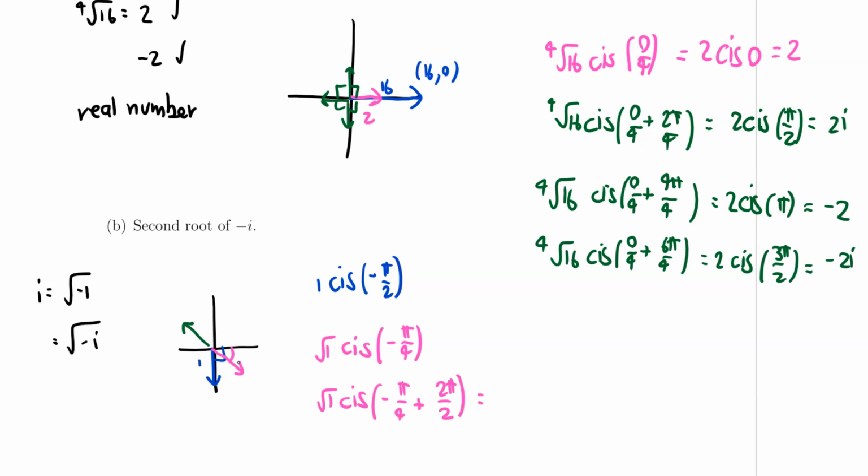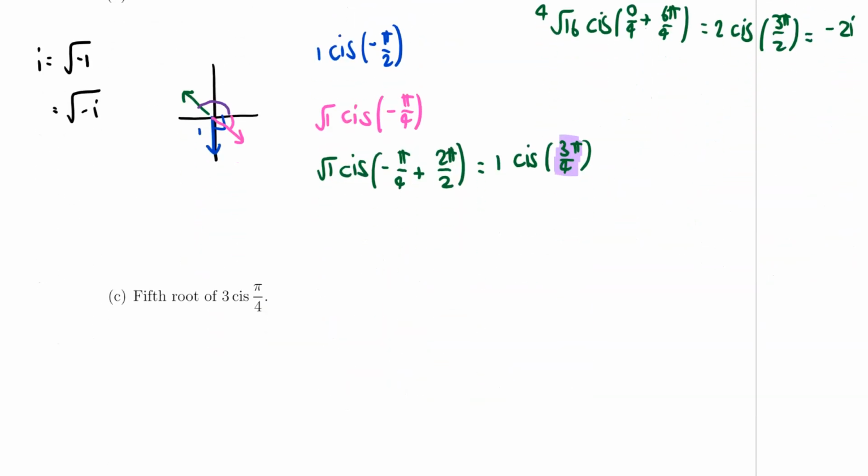And this is going to give me, let me see, 1 cis of 3 pi over 4. So that's going to be the other second root of negative i. Let me make this green, so it coincides with the color of the arrow here. And we can see that the 3 pi over 4, this angle here, is the purple angle that we have here as well.